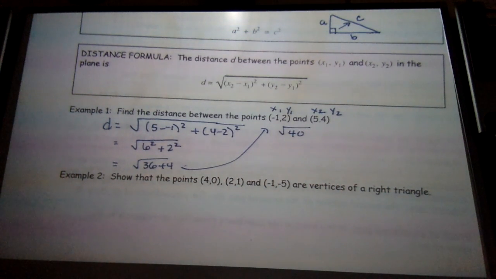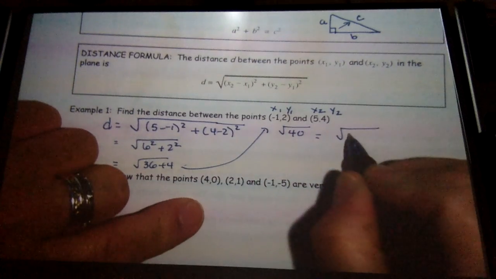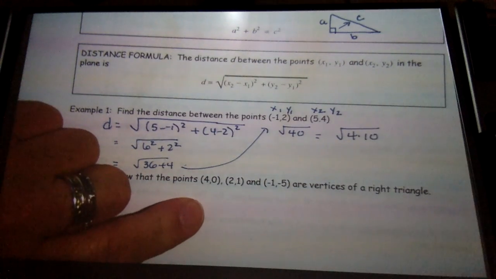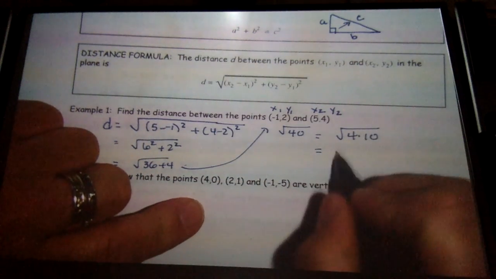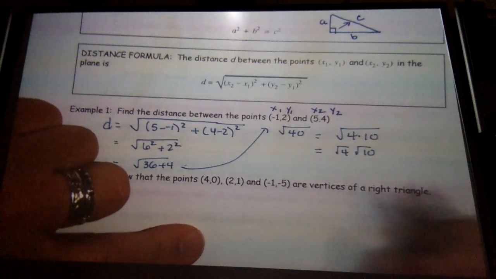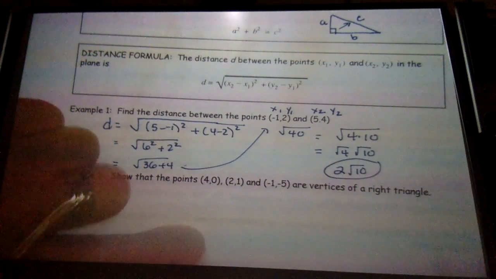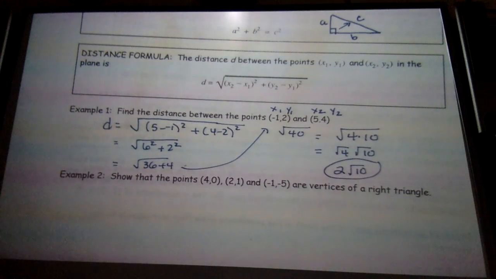Yeah. Does 9? 9 doesn't. So we'll do 4. So this is 4 times 10. And then the square root of 4 times the square root of 10. What's the square root of 4? 2. So 2 square root 10. 10 then has no squared factors, so we're done.